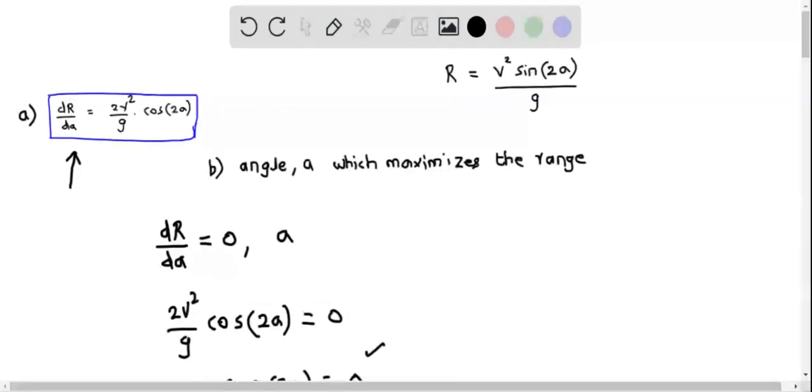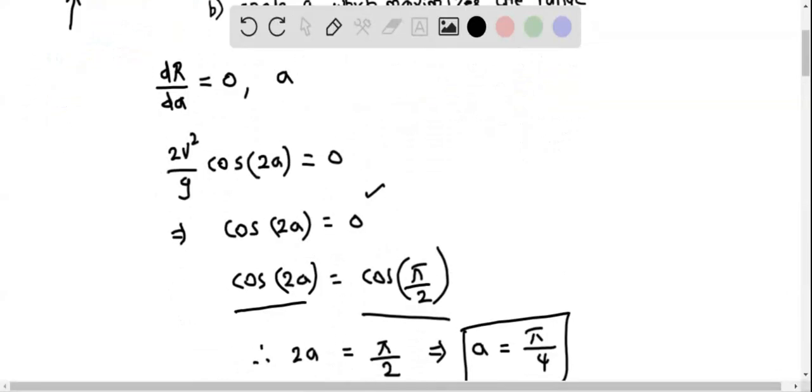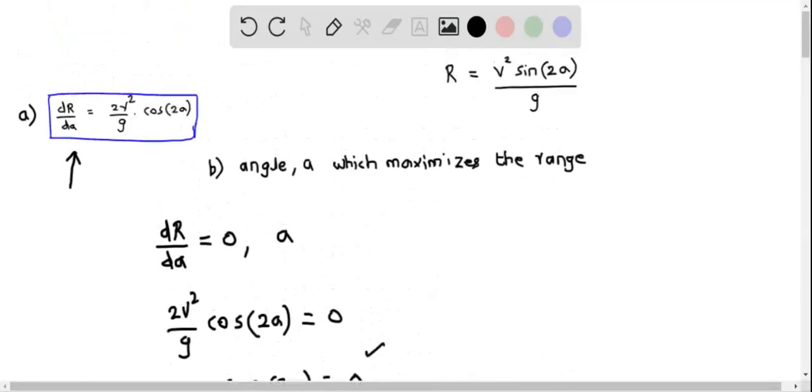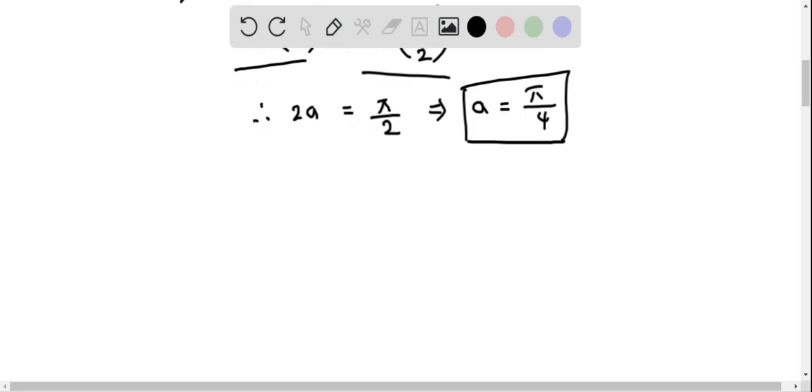For that, we have to use the second derivative. So let's find the second derivative of r. First, I'm going to copy the first derivative of r with respect to a, and this equals 2v squared divided by g times cosine of 2a.